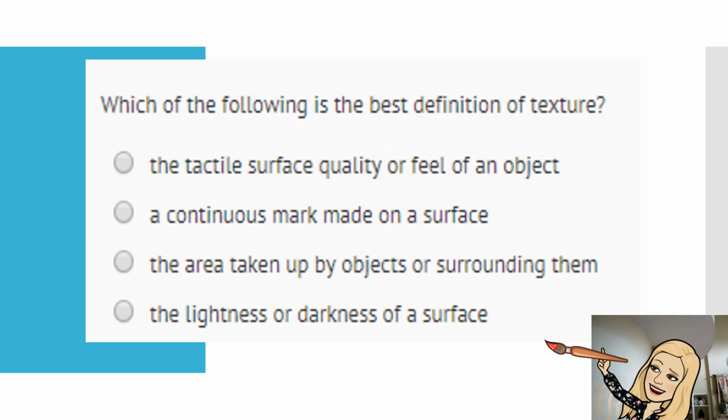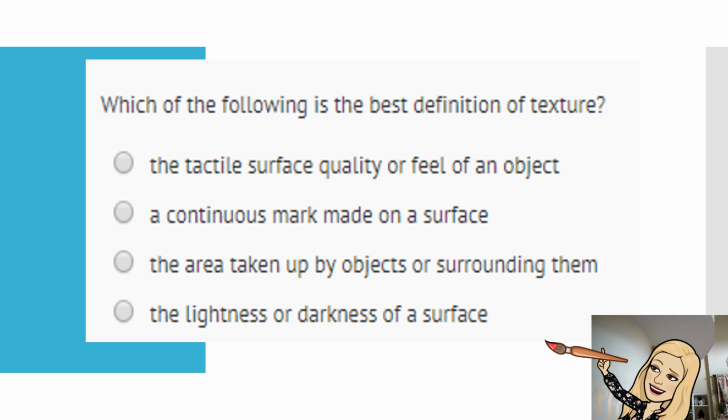Let's keep moving forward. Okay, here's our second question. Which of the following is the best definition of texture? Texture is one of the elements of art that we covered in this Unit 1.